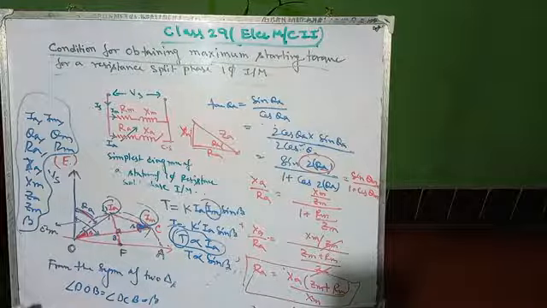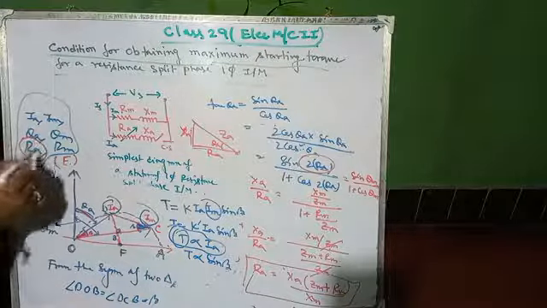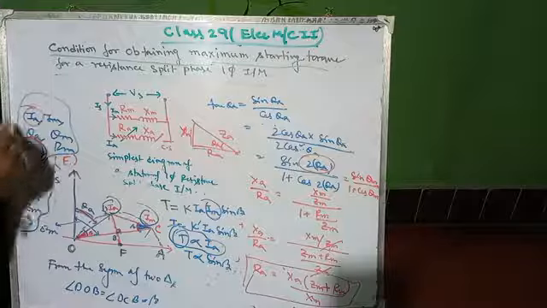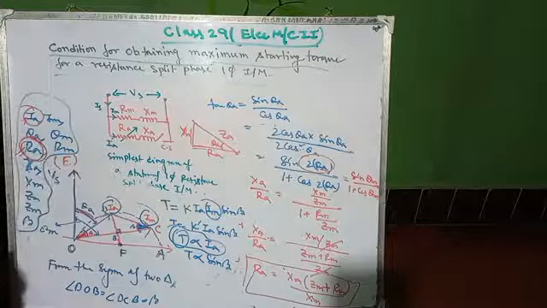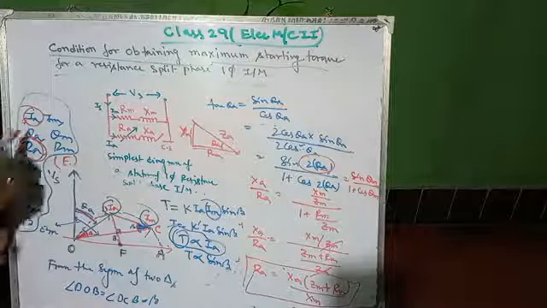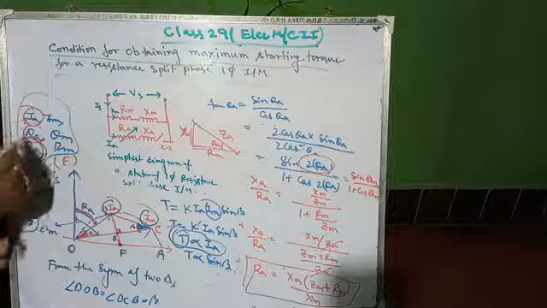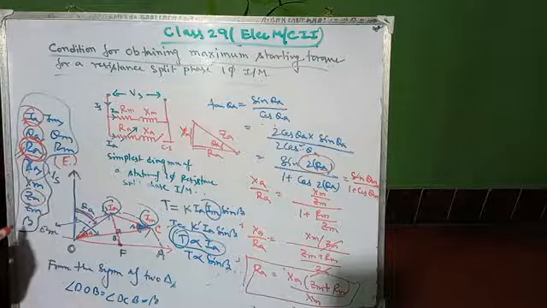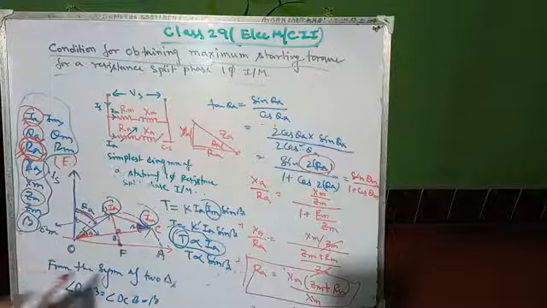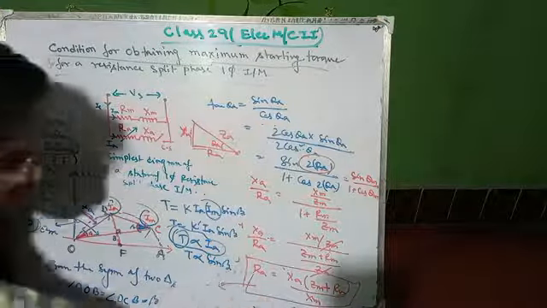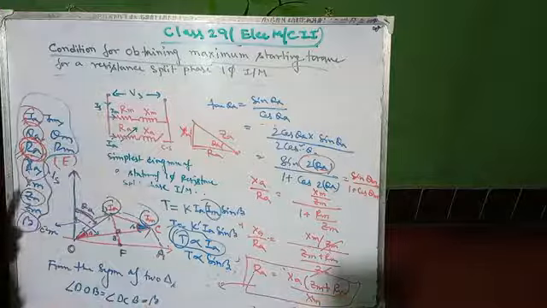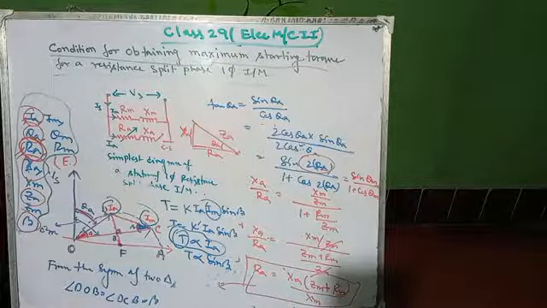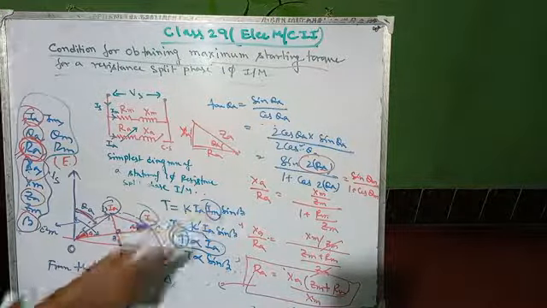Within these parameters, only the RA and IA terms can be varied, because they are auxiliary in nature. So when IA and RA are varied, then automatically theta A, XA and ZA are also varied, right? And beta is also varied. So this condition, this equation, will be maintained when IA will be maximum, and when IA will be maximum, then torque will be maximum, right?